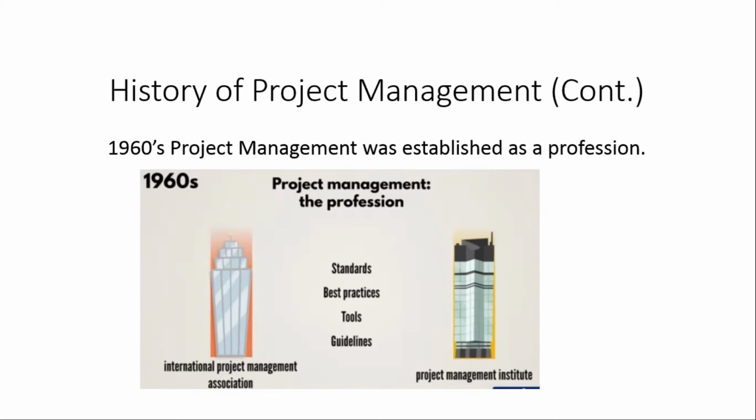It has even been shown in the figure as well: standards, best practices, tools, and guidelines. Right. Hope you all have an idea about how project management was established as a profession in the 1960s.